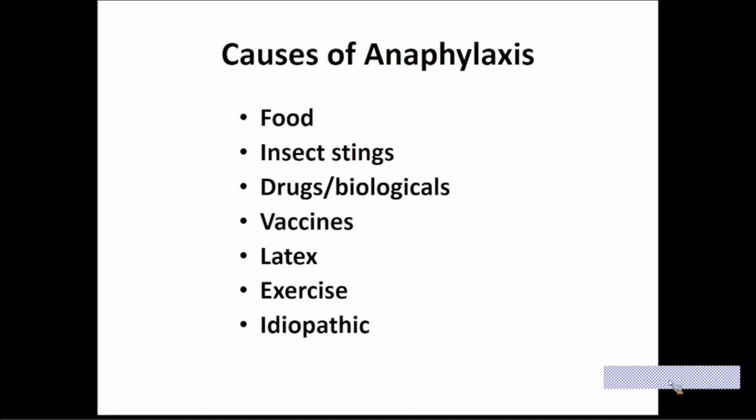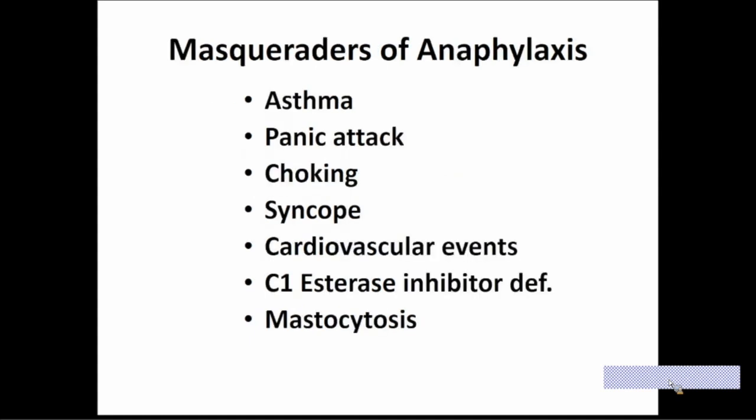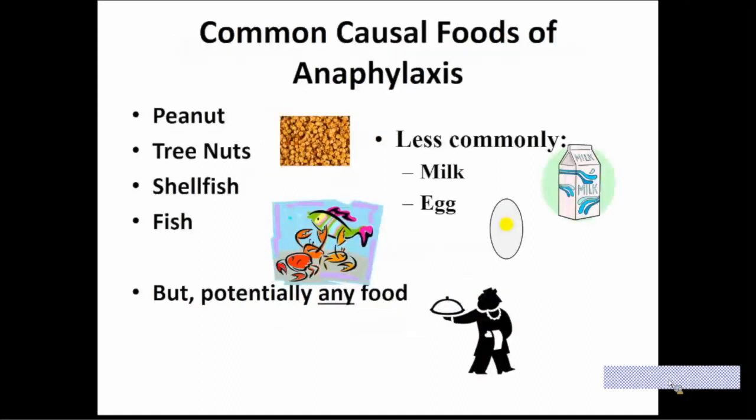But of course, we're familiar with allergic reactions from drugs, biologics, and a variety of other triggers. There are also things that can look like an allergic reaction that we have to keep in mind. I already mentioned scombroid fish poisoning, which can look like anaphylaxis, but even panic attacks can look like anaphylaxis and other either respiratory or cardiovascular events.